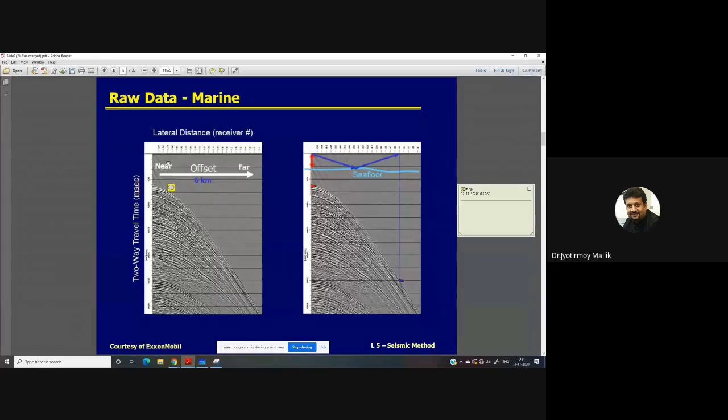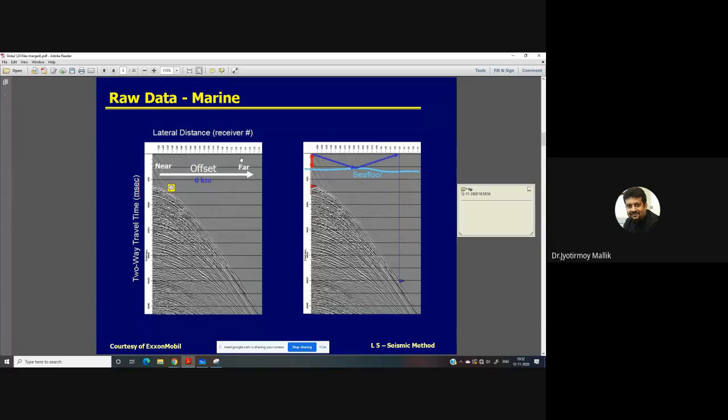Now, the data which comes from the detectors that are close to the source is called near offset data.